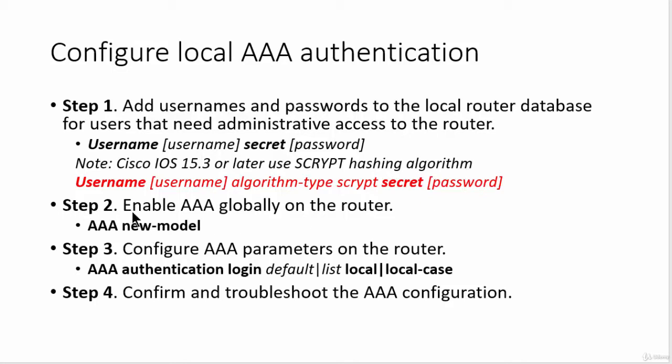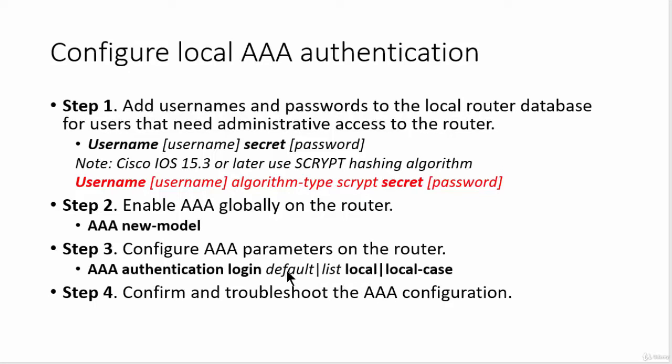Step 2. Enable AAA globally on the router by using the command aaa new-model. Step 3. Configure AAA parameters on the router by using the command aaa authentication login, default or list, local or local-case.